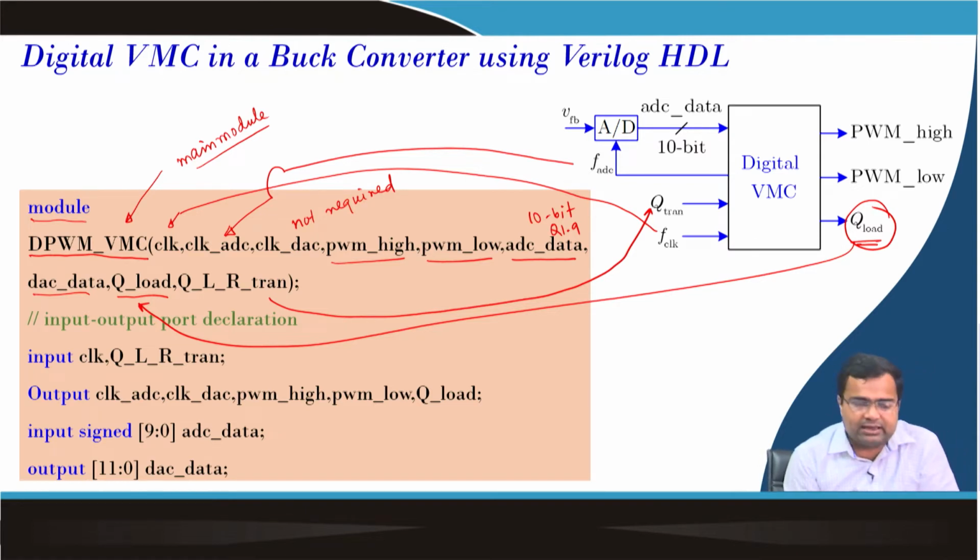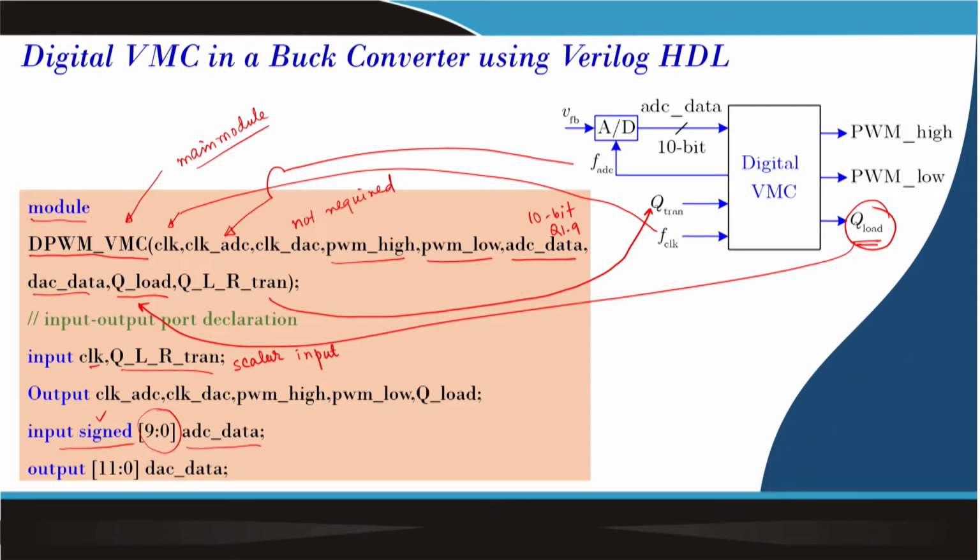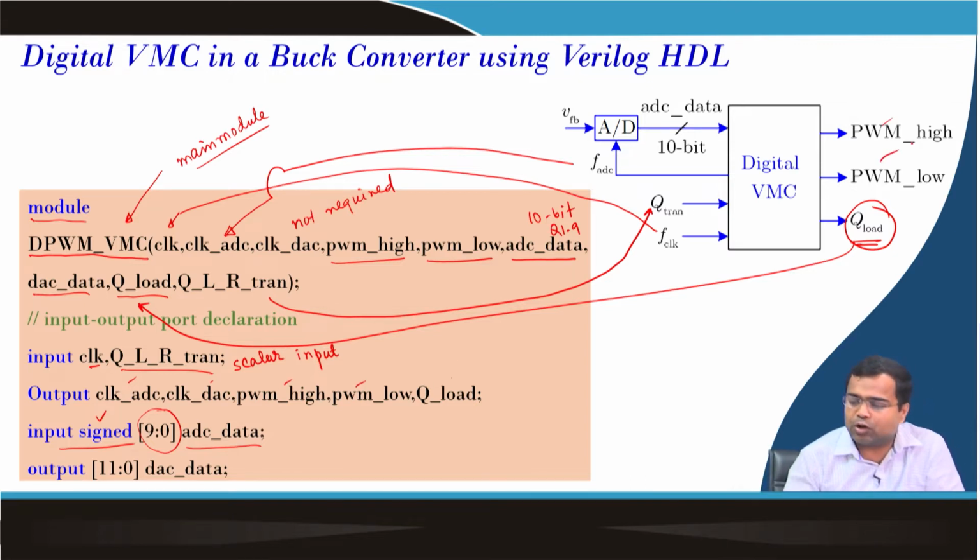Now, we have to declare in the Verilog module which is the input and which is the output. Among the inputs, clock is an input and QLR is an input, but these are scalar inputs. There are vector inputs also, 10-bit vector, and it is signed, so we have to define the ADC data. In the output we have clock ADC, clock DAC, PWM high, PWM low, Q load, there are so many outputs.